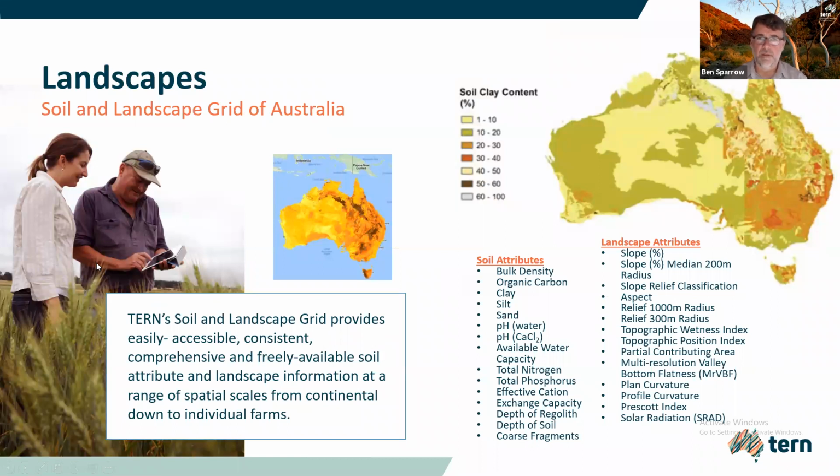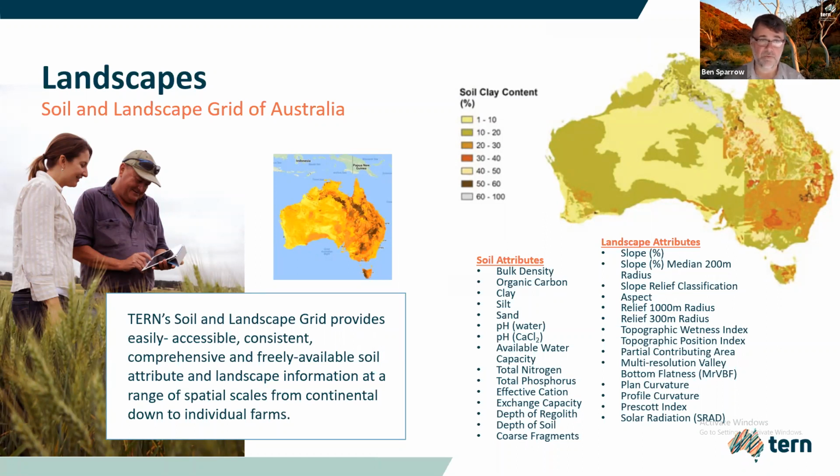Soil and landscape grid, as I discussed, models about 25 different attributes. You can see them on the lower right, and it does that consistently right across the country. And once again, as I tried to allude to, the distinction between these scales of monitoring is blurred a little, in that these products are made by spectrally scanning a huge range of soil samples, including, I can't exactly recall, 7,000 or 8,000 soil samples we've collected across the continent to help refine their models and then provide that information through.